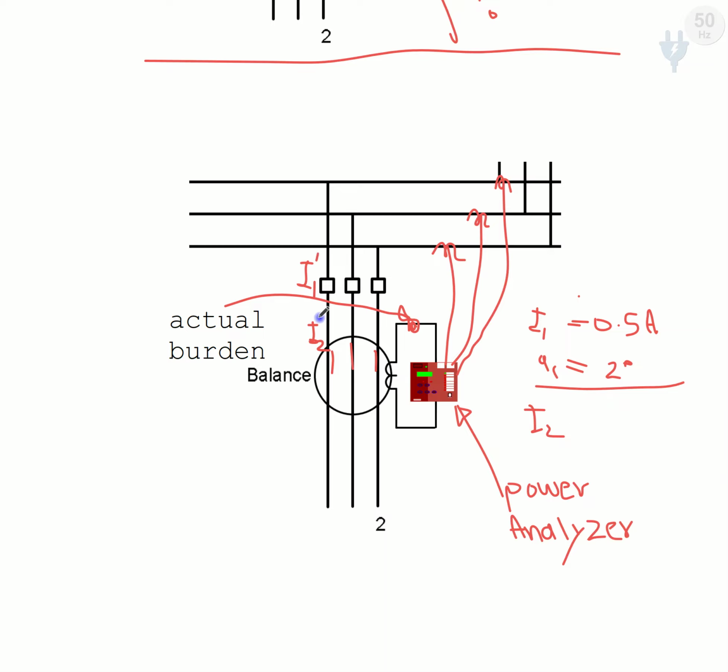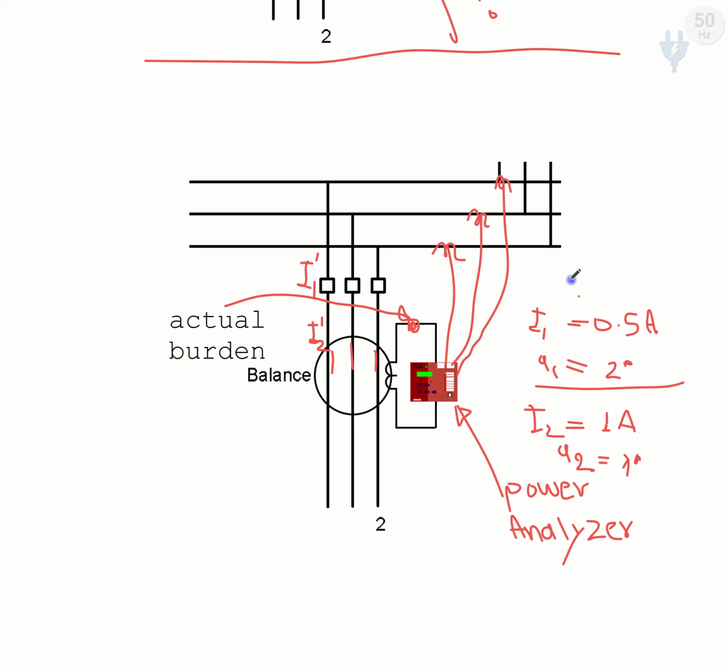These are I1 and I2 in the secondary. For I2, for example, we have rated current in the primary, so the secondary side will have 1 ampere. Due to this 1 ampere in the secondary, we calculate alpha 2, the deviation of the angle, from the power analyzer. For example, it is lower, 1 degree.